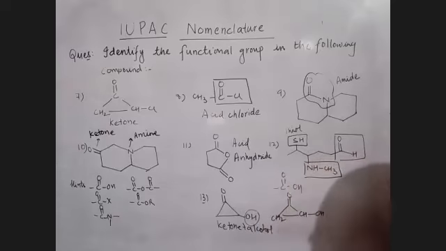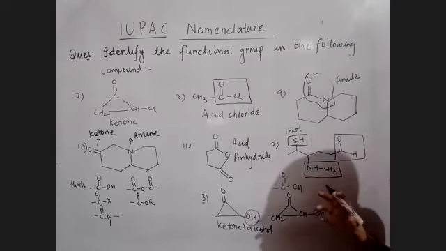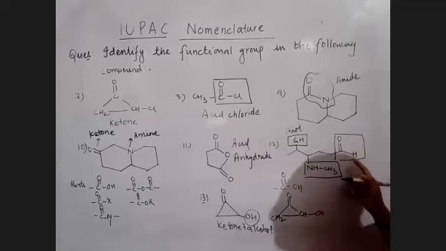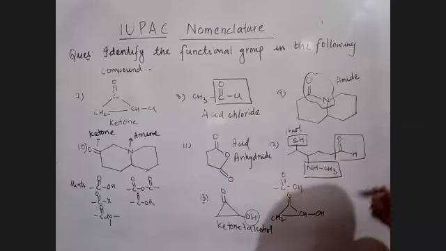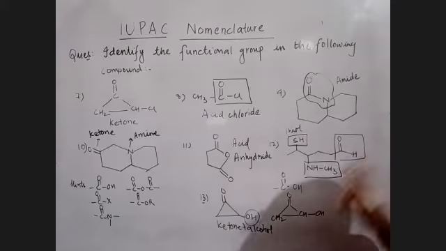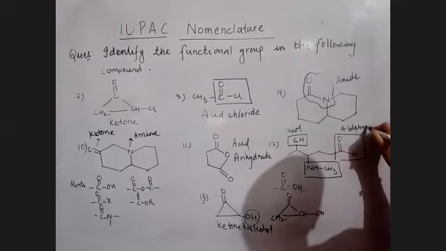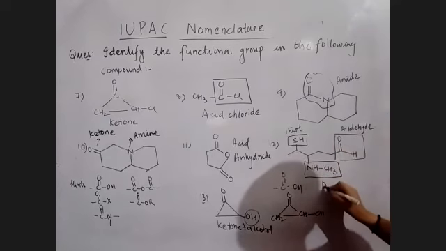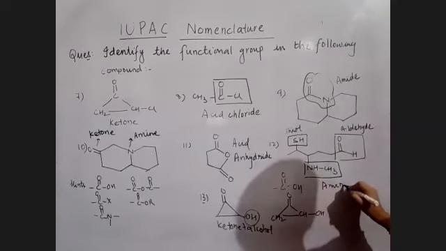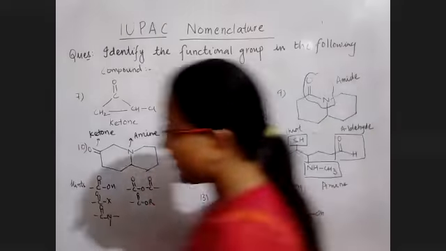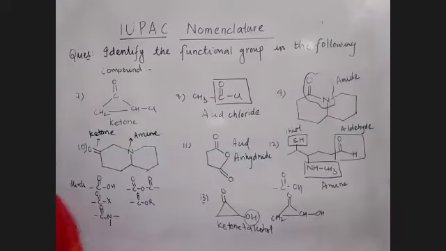What does CHO represent? This is not carboxylic acid, it's not COOH. This is only CHO. It represents aldehyde. And NH represents amine. I hope now you are able to identify functional groups.